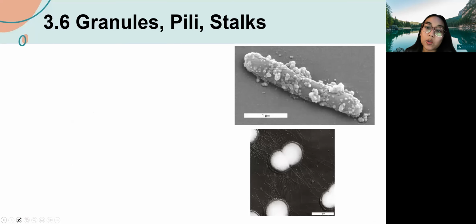Okay, moving on to some more. I want to call them organelles, but they're not, right? They're just structures. So granules: some bacteria produce these granules, which is what we're looking at here, that are filled with things like glycogen and different types of sugar polymers for storage. That's pretty much what it is.